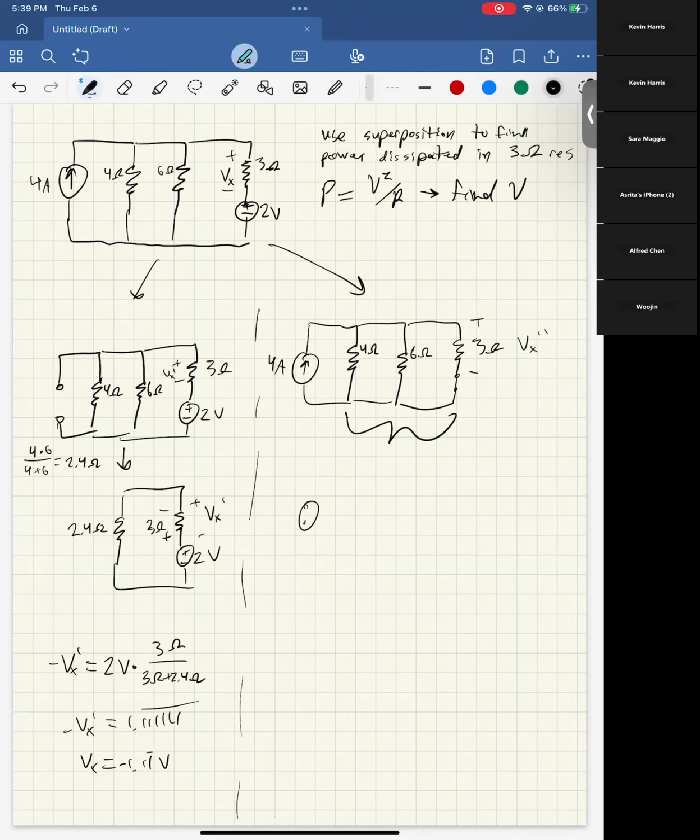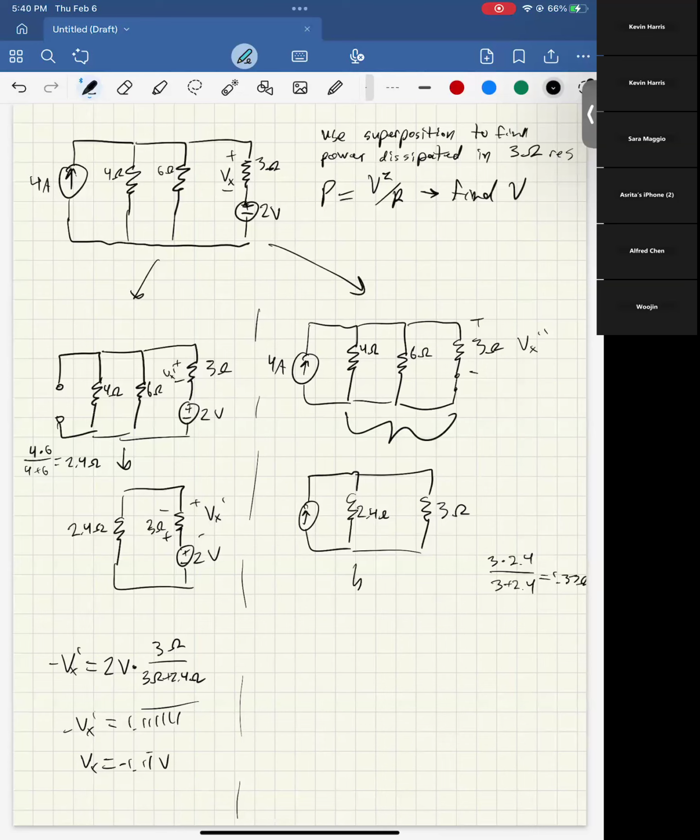As we saw earlier, this 4 ohm and the 6 ohm can get simplified into a 2.4 ohm. And then if we want to combine it with that 3 ohm, we'd have 3 times 2.4 divided by 3 plus 2.4, which is 1.33 ohms.